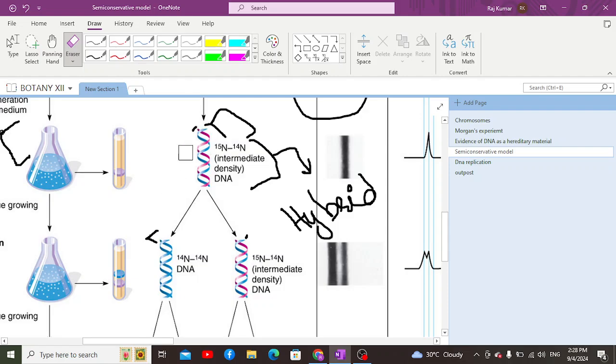And the other N15 strand was utilized to form an N14 daughter strand, due to which it formed one light DNA molecule, N14 N14, and another intermediate density DNA molecule, N15 to N14, or hybrid DNA molecule.